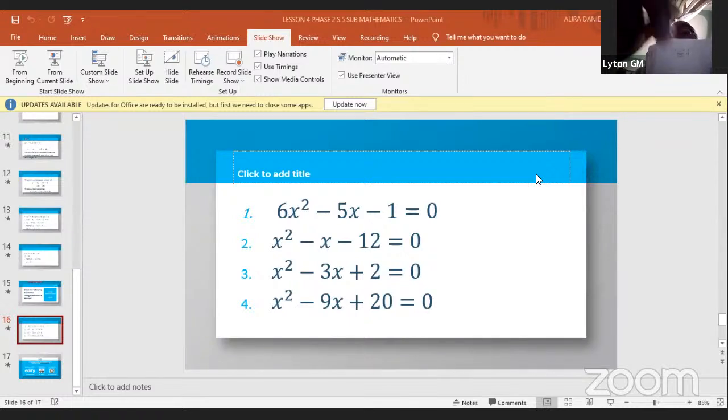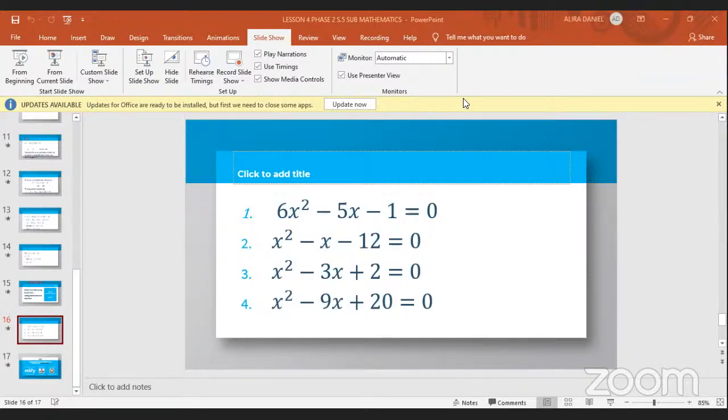So let me try to get those numbers. Those numbers are -6 and 1. Good.